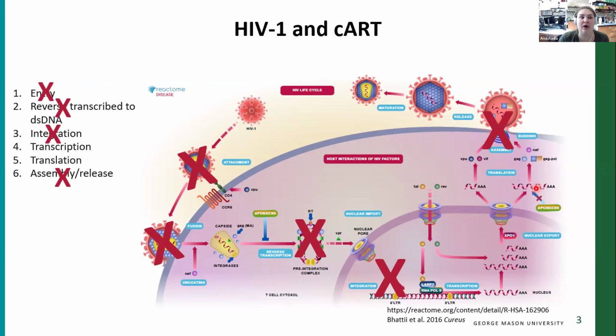Since it uses the host machinery, it's hard to target just the HIV part of the transcription. So even in latent cells that are on CART, you still have leaky transcription and leaky transcripts of viral RNAs produced that lead to toxicity within the surrounding environment of that cell and can lead to things like chronic inflammation.